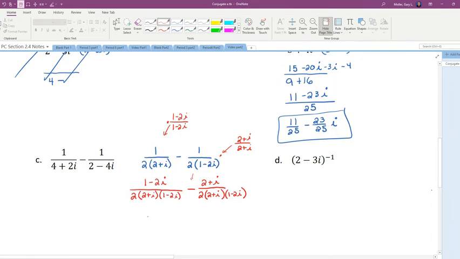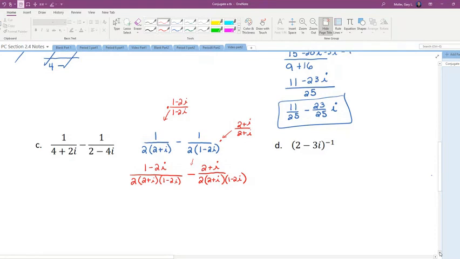I'm going to show my steps, maybe to a ridiculous level here. 1 minus 2i minus everything on top, 2 plus i. On the bottom, I have 2 times 2 plus i times 1 minus 2i.